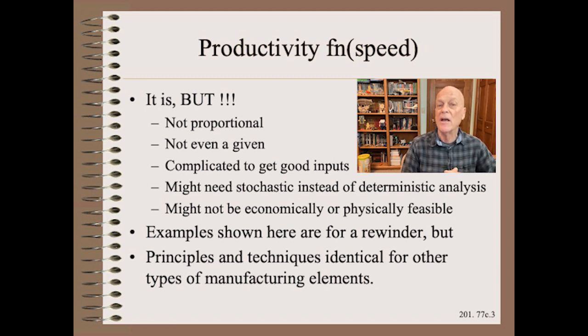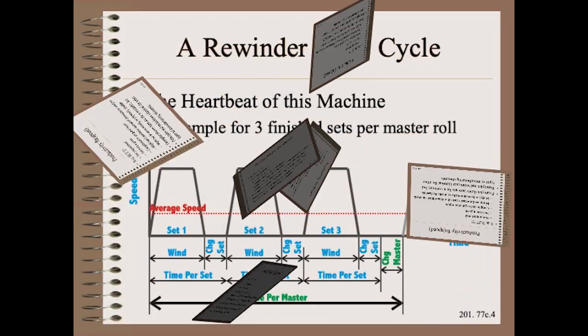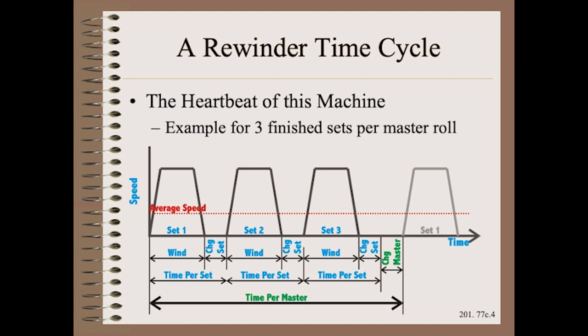I'm going to begin with what is probably the most studied converting machine and the one I'm most familiar with, the rewinder. However, please note that the principles we illustrate here are valid for all manufacturing and converting lines. The first thing you will notice when studying a machine is that it starts and it stops.